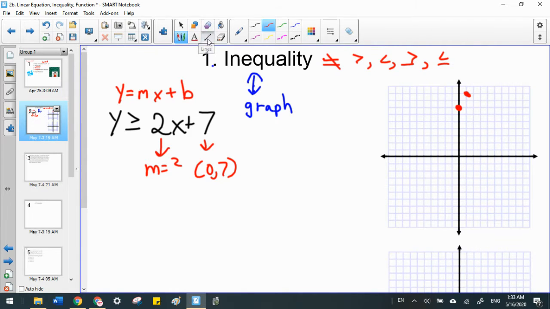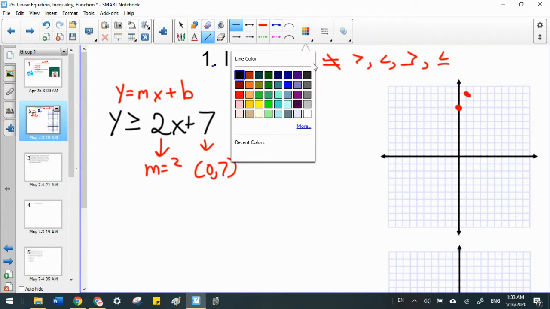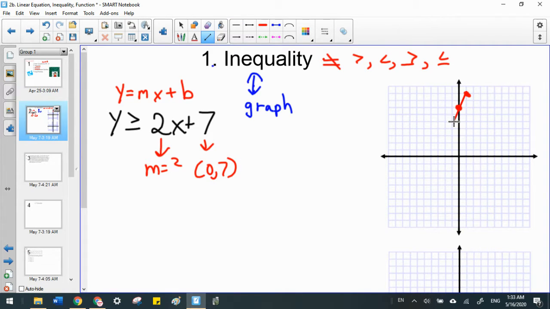And once I have 2 points, I now have the ability to graph a straight line through these 2 points. And there you have it, with the line of y is greater than or equal to 2x plus 7.